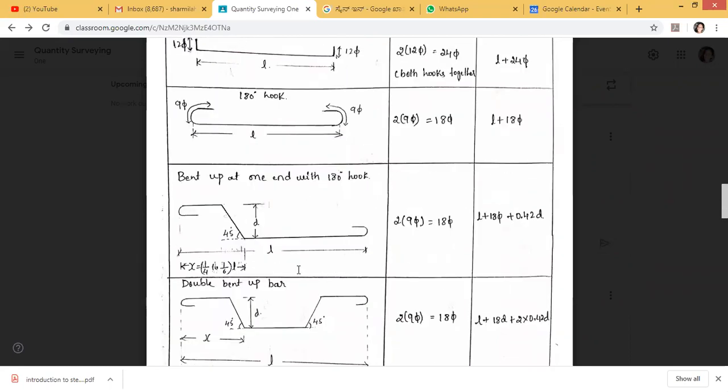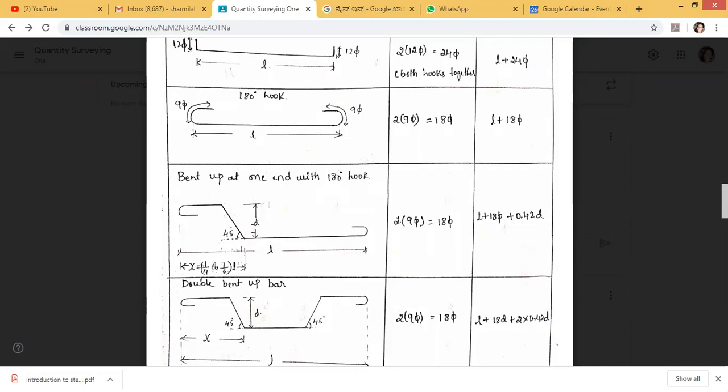Then next is bent up at one end with 180-degree hook. This hook can be a 90-degree hook also and a 180-degree hook also. And you can see here, this is bent up at 45-degree, only on one side. And this D is the vertical height between the horizontal bars at the bottom and top.